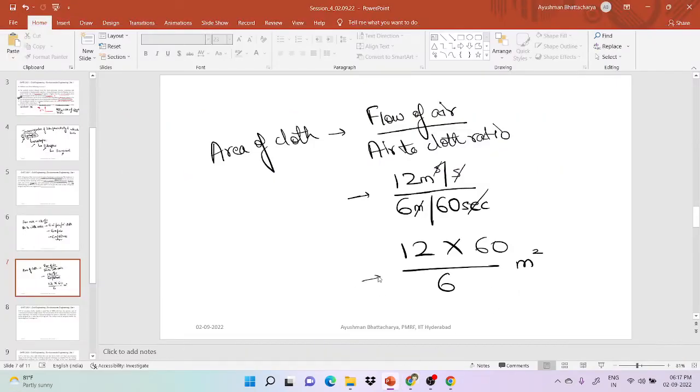So now the value will come out to be 120 meter square. 120 meter square will be the area of the cloth.